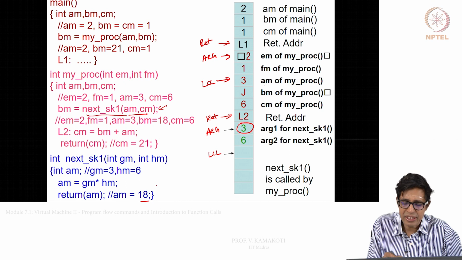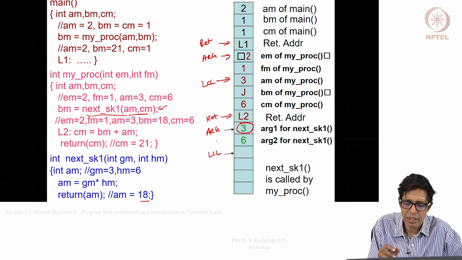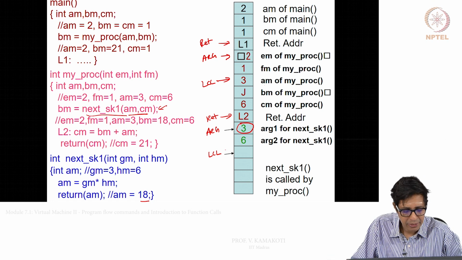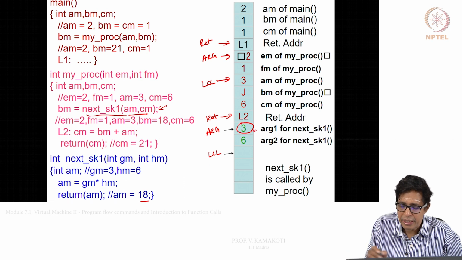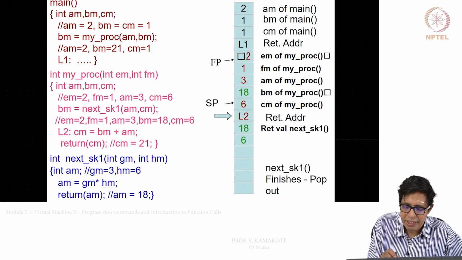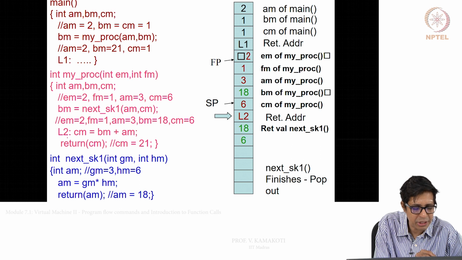Now when it is finishing, this is all not necessary any more, because the function finishes, all the local variables etc. will go. So it will go and store its value in the first of the arguments. So if you note here, at this point you will get 18 next to L2, and then it will take the return address and go to it. So it will start executing from L2.